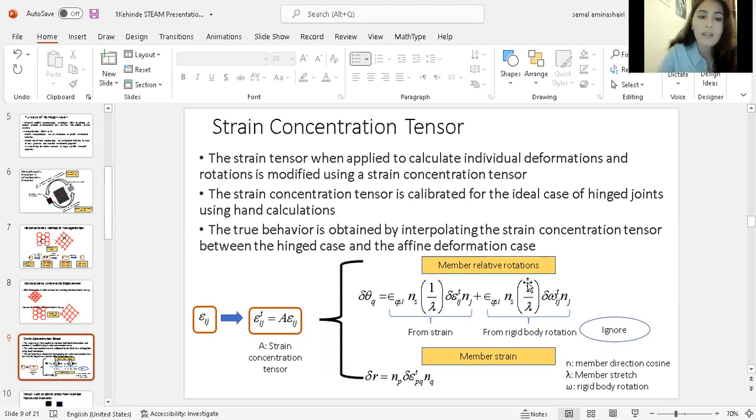That is, the strain concentration tensor is an identity matrix. For all cases in between, we use linear interpolation. See from the equation now the relative rotation and the individual member strains are obtained from the boundary strain.